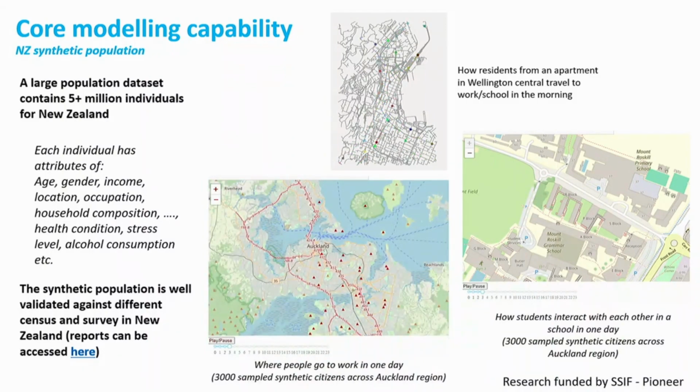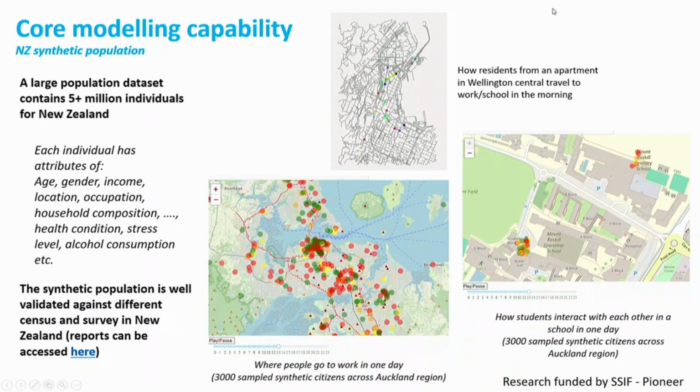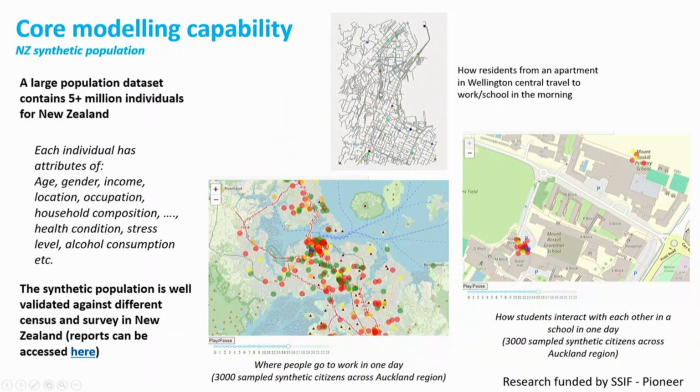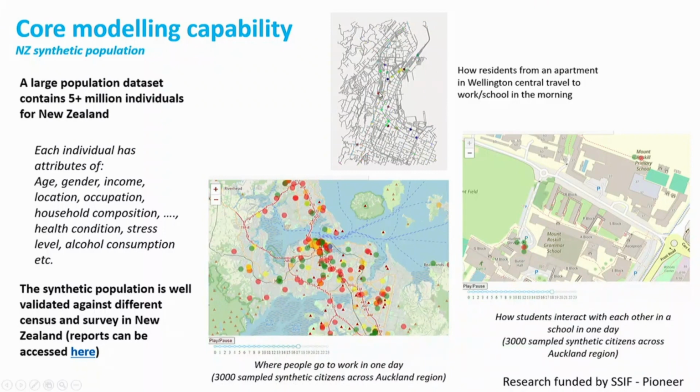This very large data set is very well validated against many censuses and surveys in New Zealand, and the reports are publicly available. For example, this figure shows people living in one apartment, how they go to work, I think at 7 a.m. in the morning or something like that, or how people interact within a particular school.